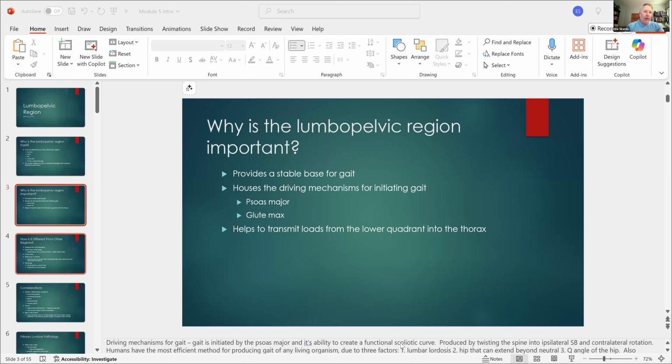So that's what we've kind of defined as a latection moment. We're adding in the extension component, the extension moment with that. That's the lordotic component. But essentially, that ipsilateral side bending with contralateral rotation, it's very much a latection moment.